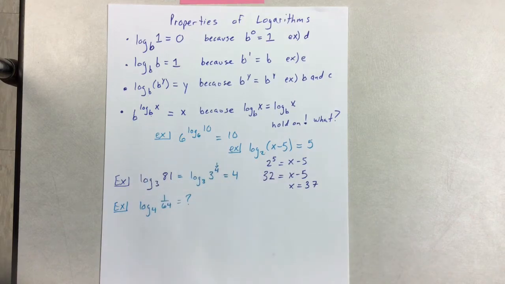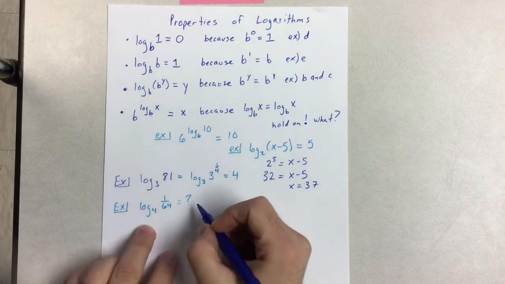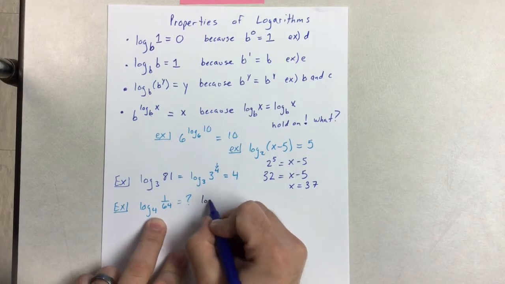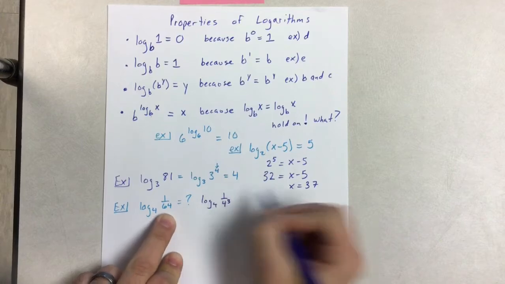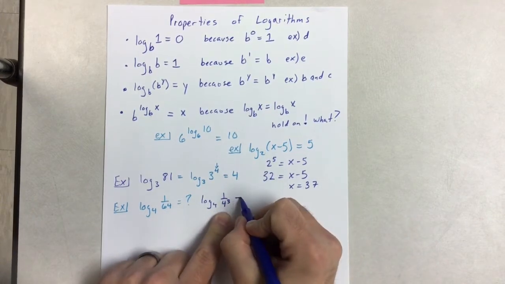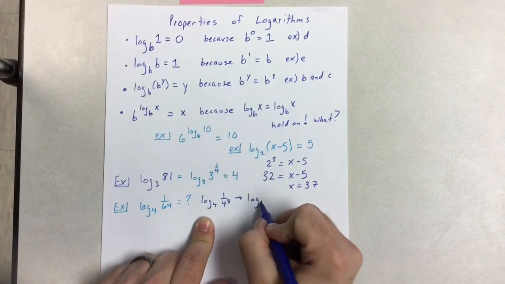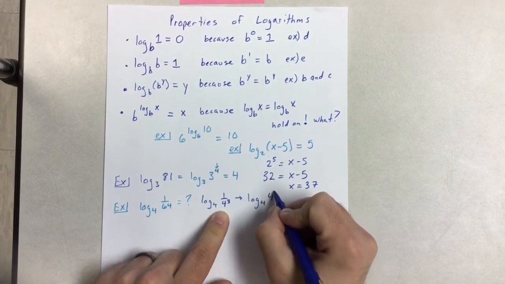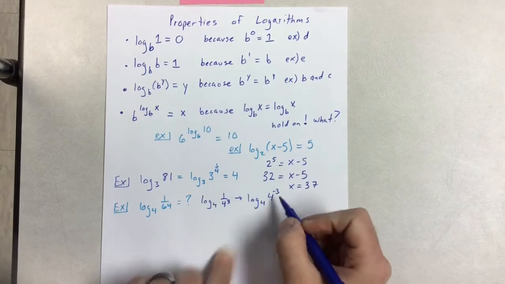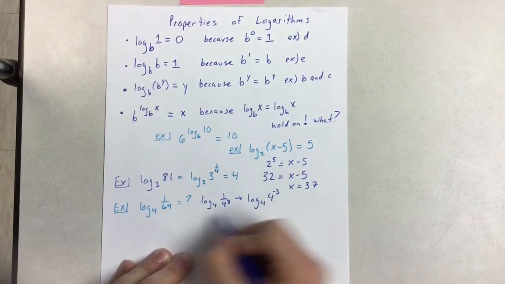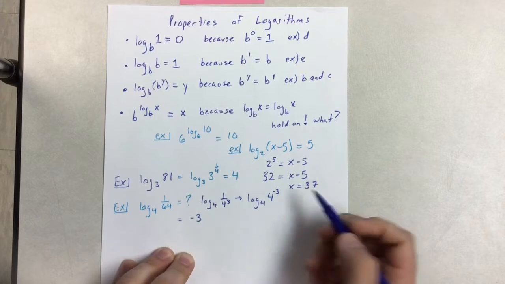Let's see, 64, that is 4 raised to the 3rd power. Rewriting this again, that's log base 4 of 4 raised to the negative 3rd. So we find right there that this equals negative 3.